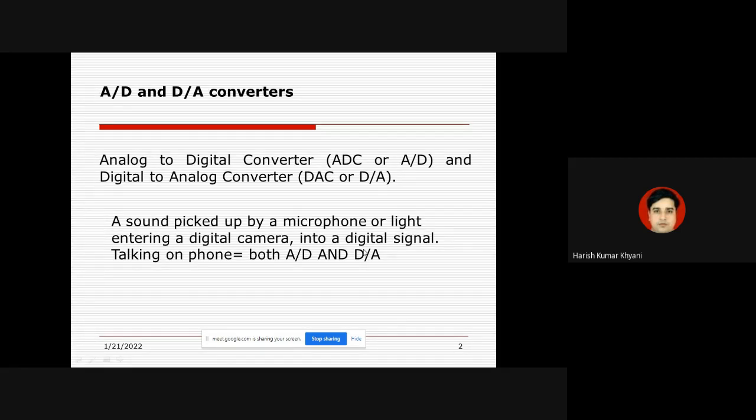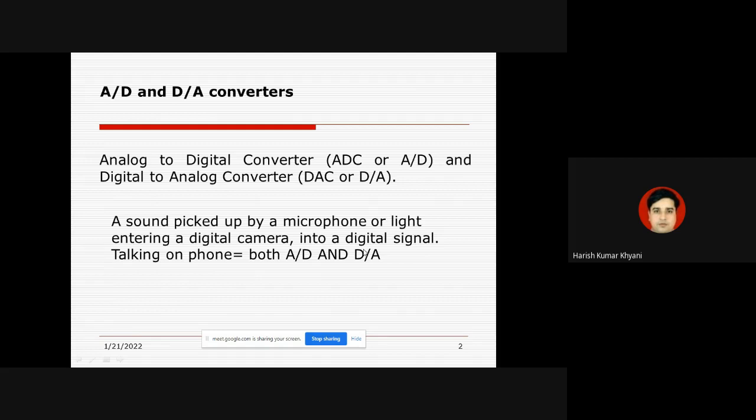The most important example I have written here is a sound pickup by a microphone, which we all use, and light entering into a digital camera. So it is nothing but analog to digital conversion, right? And while we are talking on mobile phones, both types of converters are working. In our subsequent slides we'll see how these conversions take place and why we need them, right?